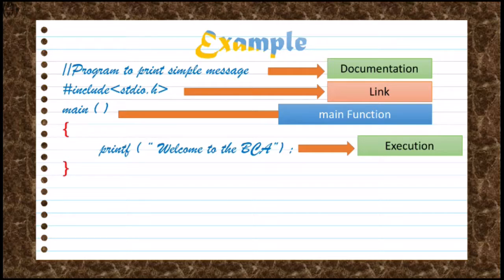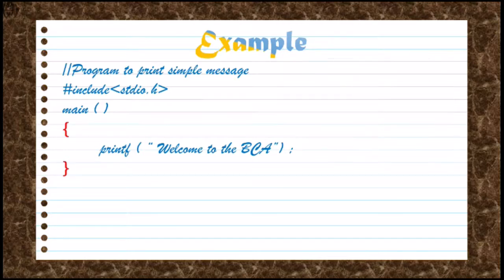If you see, we have used only a few sections out of the 6 sections. So whichever section is required, you can add. But the thing is that in every C program, you must include the main function. All other sections are optional, so you can skip them apart from the main section.